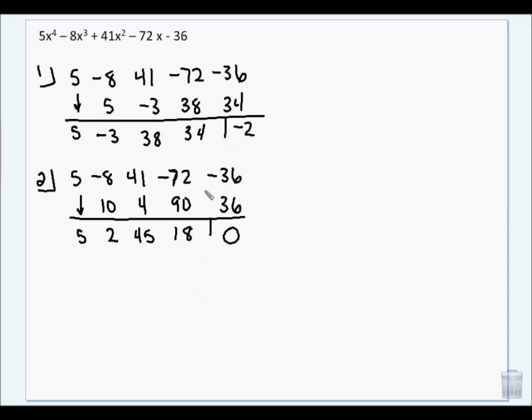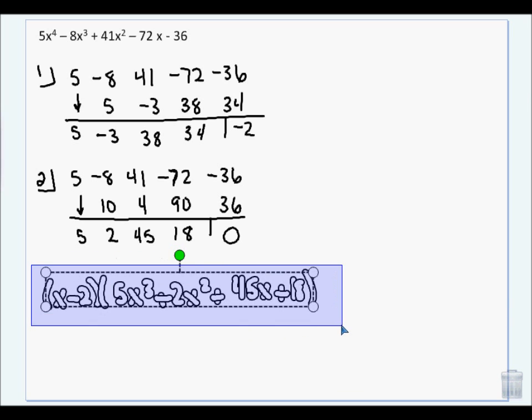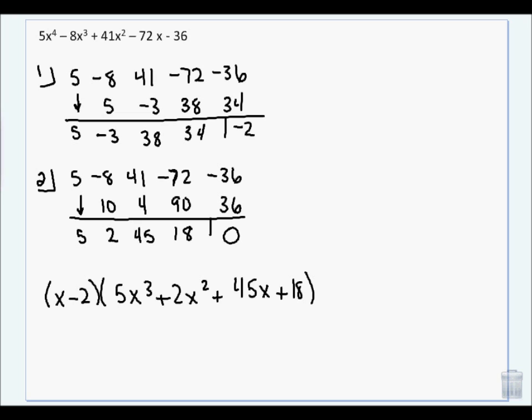Found one. So what we have right now is x minus 2 times 5x to the third plus 2x squared plus 45x plus 18. Does everybody have that?